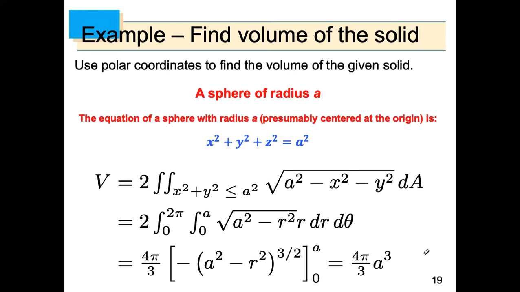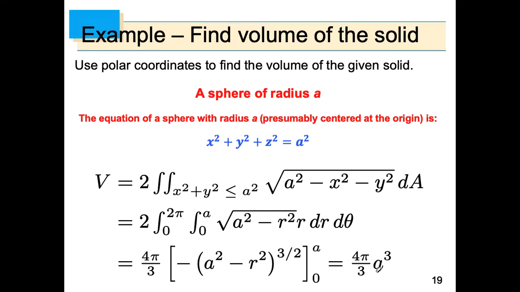And the funny thing about this one is that I did not need to use a double integral at all to get the answer. If you recall, what is the volume of a sphere from back in your basic geometry class? The answer is 4/3 pi r cubed.